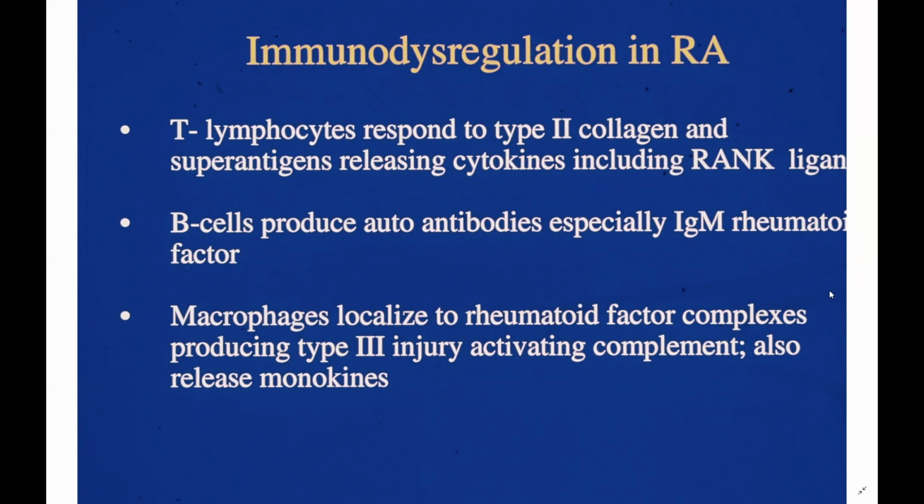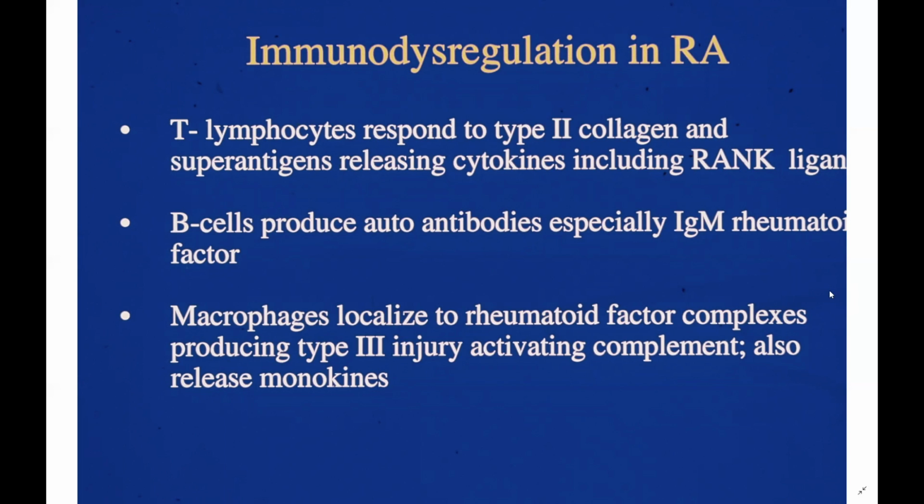The T lymphocytes respond to type 2 collagen and superantigens, releasing cytokines, including RANK ligand. If you'll recall, RANK ligand also is involved in stimulating osteodestruction. The B cells produce autoantibodies, especially IgM rheumatoid factor.